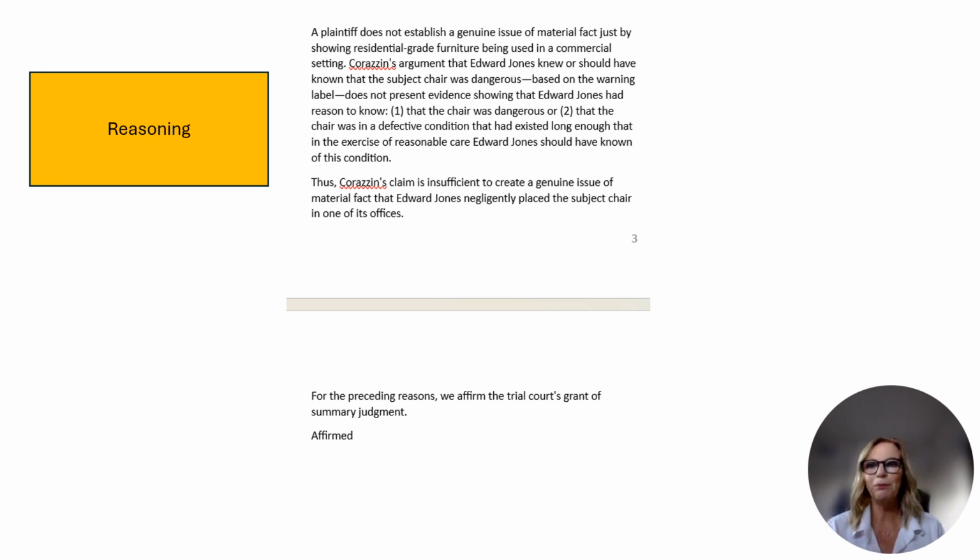Just the mere fact of me putting something that says residential use and I use it for commercial is not enough to make me warn you that something may happen. I have to know that there's something going to happen, or that something's in such condition that I should have reasonably known. And they said they didn't. Okay, and that's the reasoning in this case.